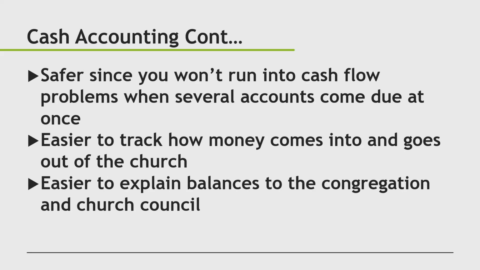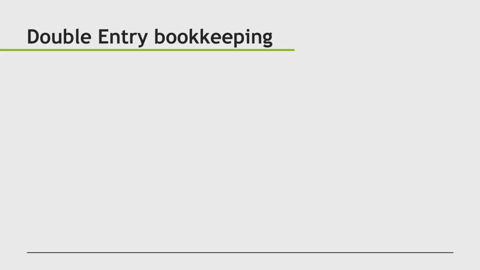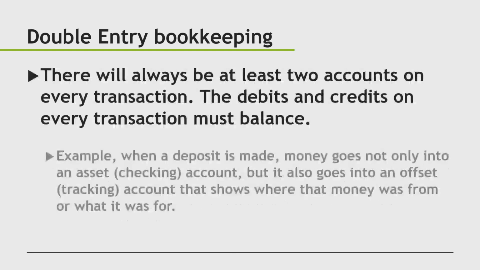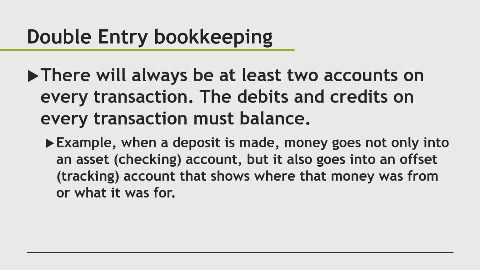Now, I also want to talk about the concept of double entry bookkeeping. What this means is that when you start entering transactions into Church360 Ledger, there will always be at least two accounts on every single transaction. That's because there are debits and credits to every transaction, and those debits and credits have to balance.